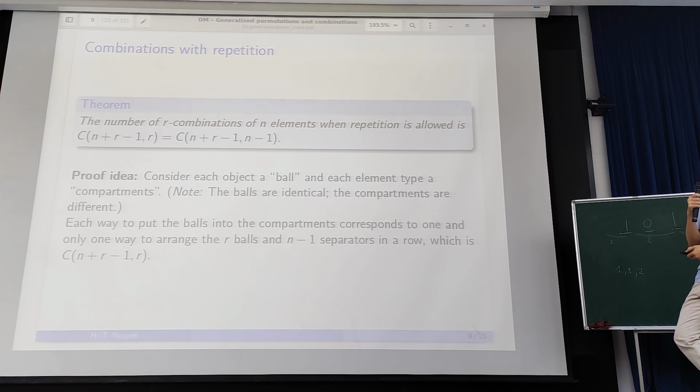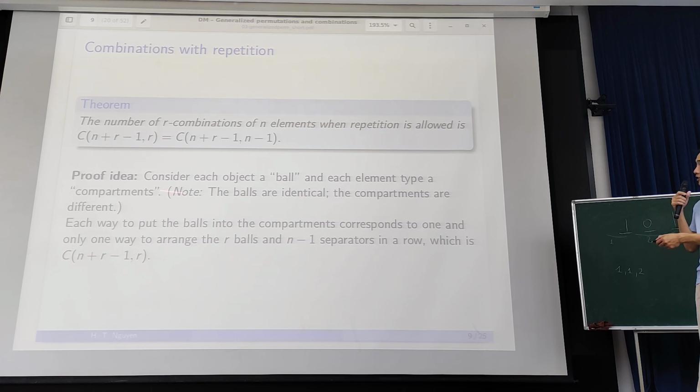Each outcome is called an R-combination of N elements. In this language, R is the number of balls and N is the number of boxes. The boxes or the labels are the elements, and the balls are the tries, the number of objects put in the boxes.